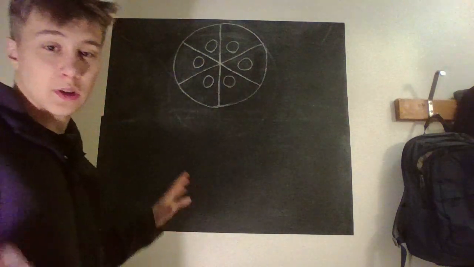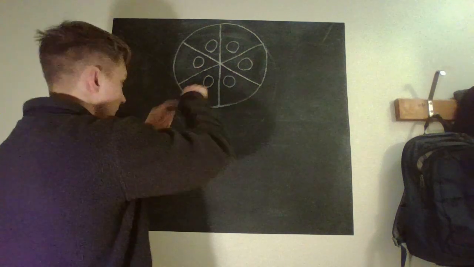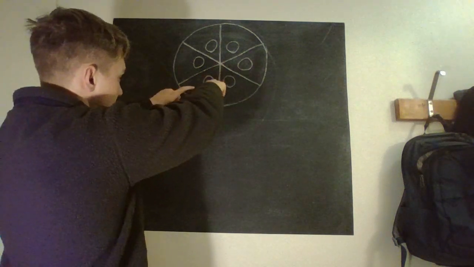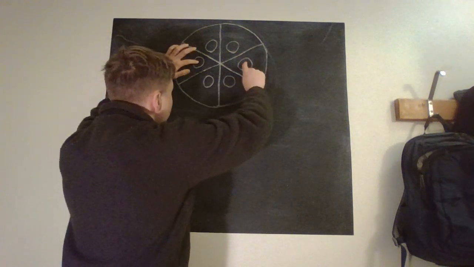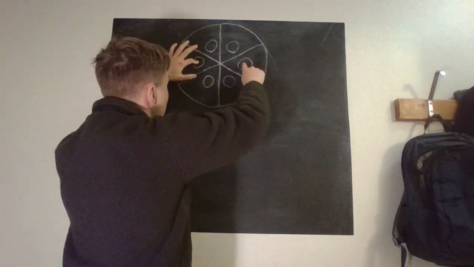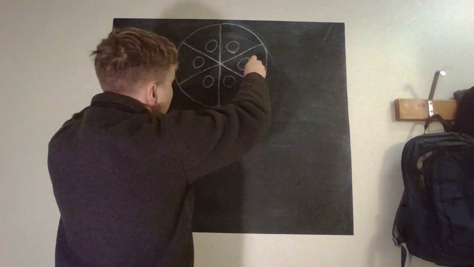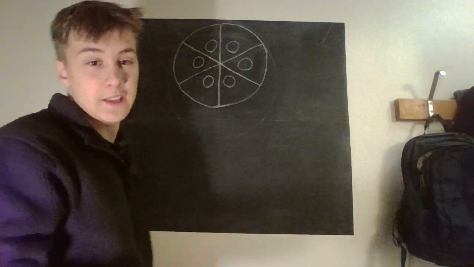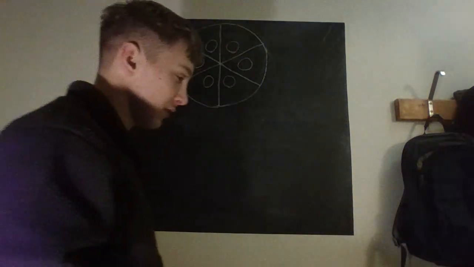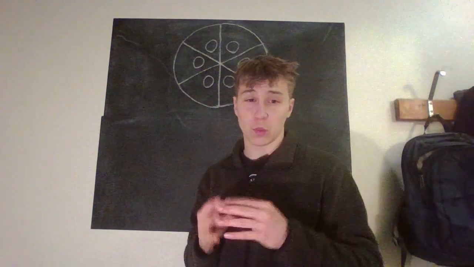If there are 2 pepperonis on one slice, you can pick pepperonis on the same slice. For example, if you pick these two, then in one move you move this one to any adjacent slice and you move this one to any adjacent slice. The question is, can you ever end up with all pepperonis on one slice?